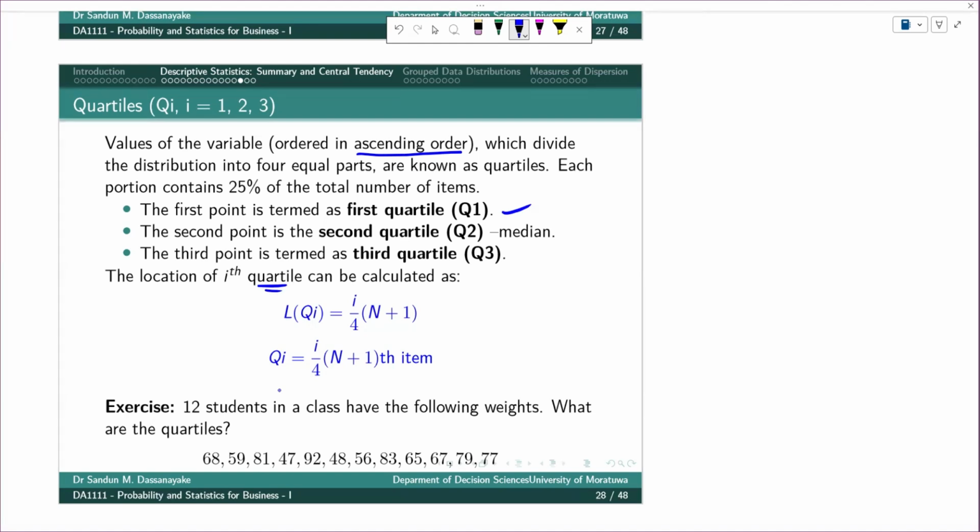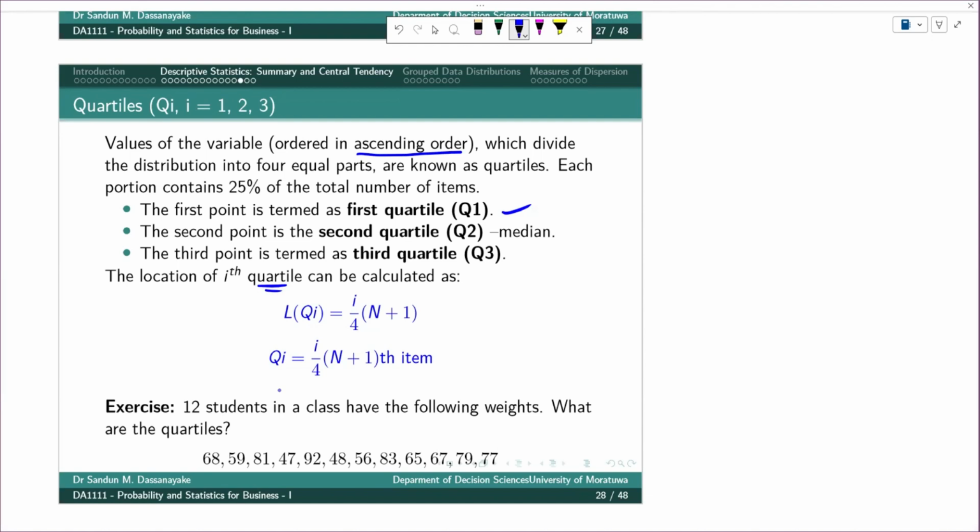What is the first thing that you should do? Arrange the values in ascending order. Very good. You need to first arrange the numbers in increasing order.